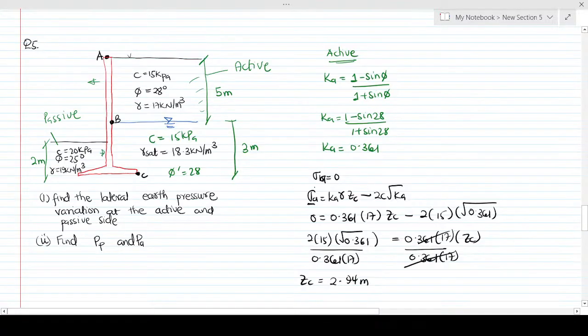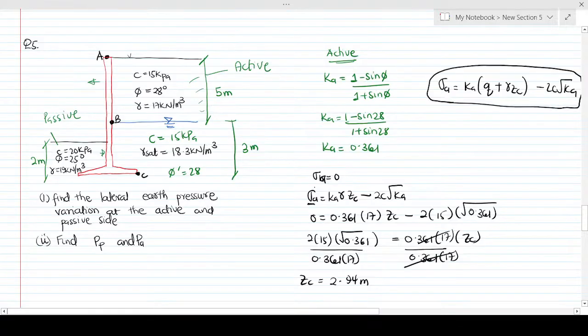So when there is a surcharge, the formula is now going to be like this: KA multiplying the surcharge Q plus KA gamma Z, right? Minus 2C square root of KA. You get it? So when there is a surcharge at the top, this is how the equation is going to look like. This is supposed to be Z, right?